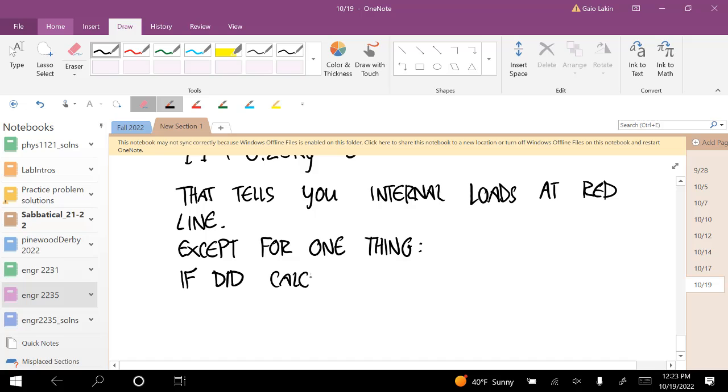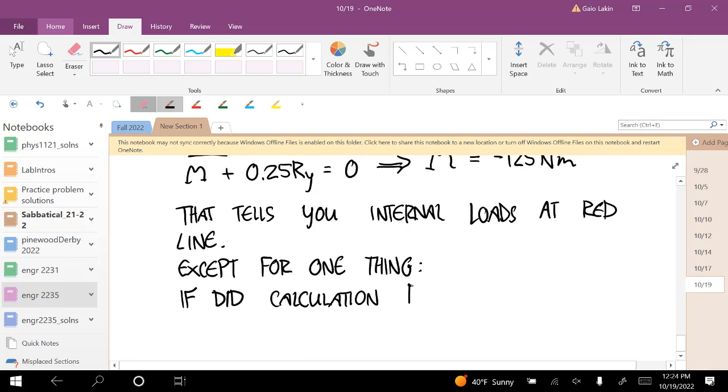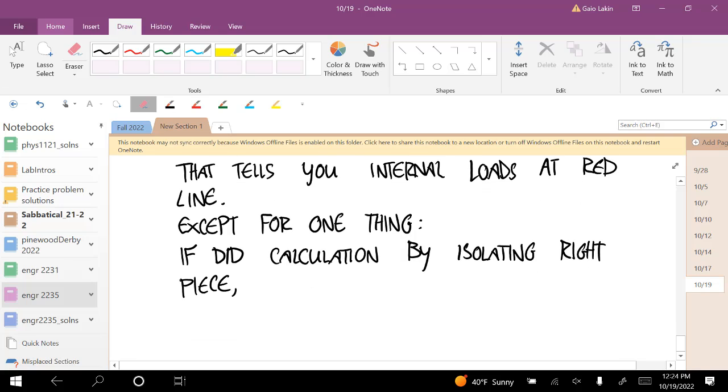So if we had done this calculation by isolating the right piece, Newton's third law says we would get opposite answers.